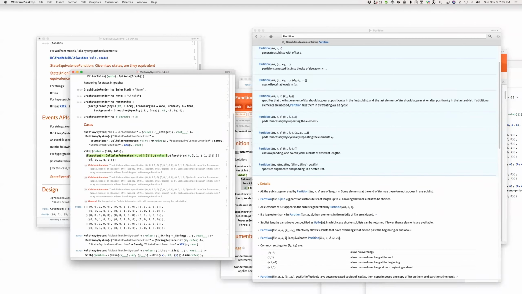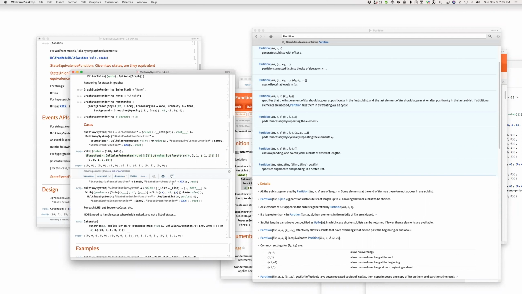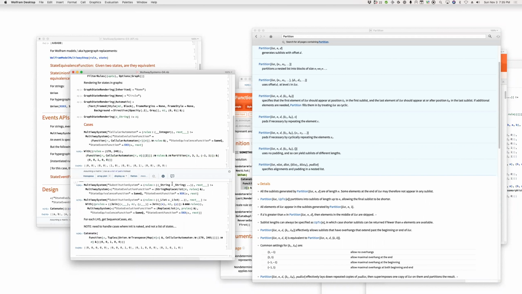Okay, let's do this. That actually has to be mapped. But that thing is the successor of an individual state, isn't it? The state evolution function is the successor of an individual state, I believe.